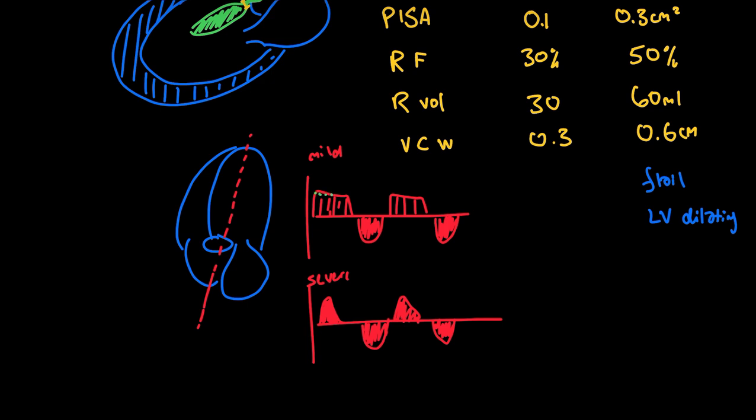But the other piece that we can get from this is we can look at the slope. This is similar to your pressure half-time concept with the mitral valve, but it's the opposite. So the flatter the better. And why do we have, with mild regurgitation, persistent ongoing velocity?